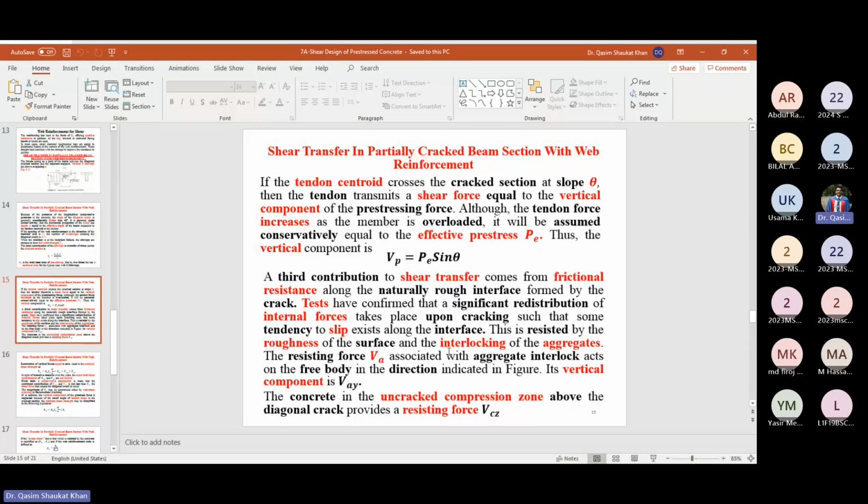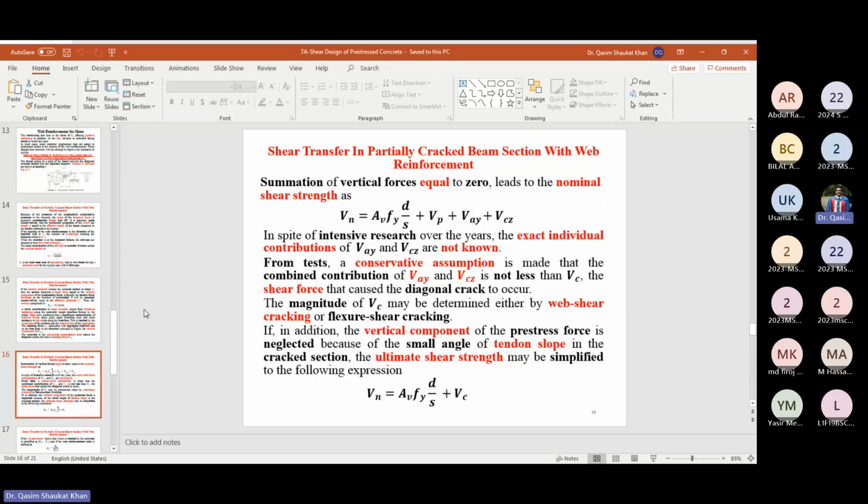And the fourth is the contribution of the uncracked compression zone above the diagonal crack, which provides a resisting force VCZ, the shear force subscript CZ, the uncracked compression zone.